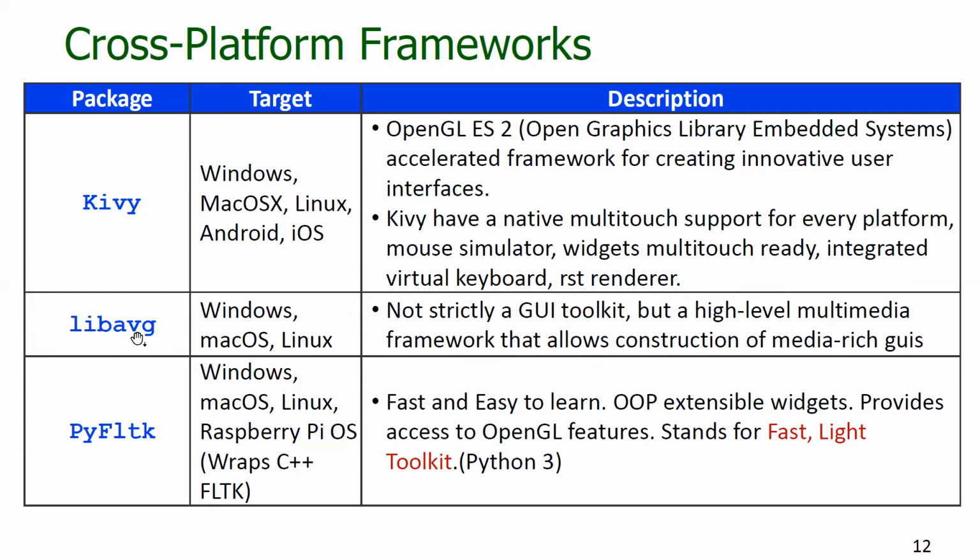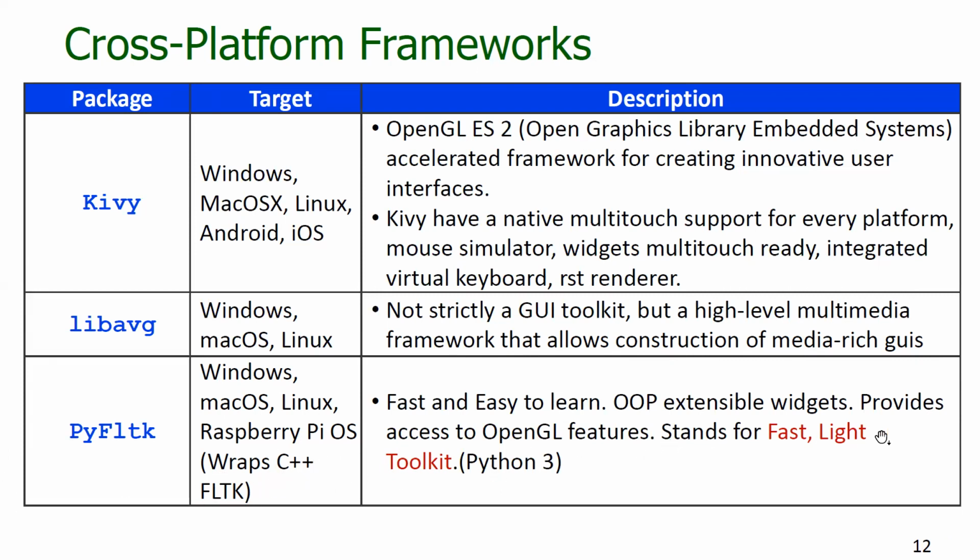Then libavg, the next package, suitable for Windows, Mac OS, Linux, not strictly a GUI toolkit, but a high-level multimedia framework that allows construction of media-rich GUIs. Then PyFLTK is the next package suitable for Windows, Mac OS, Linux, Raspberry Pi OS, a wrapper for C++ FLTK.